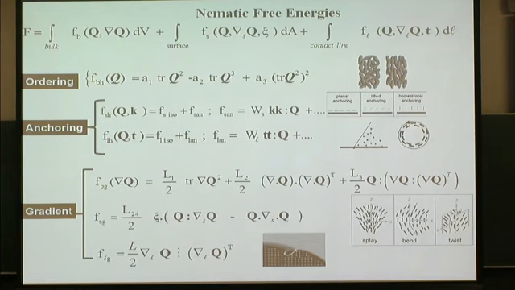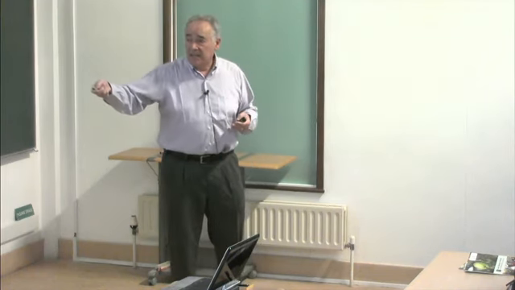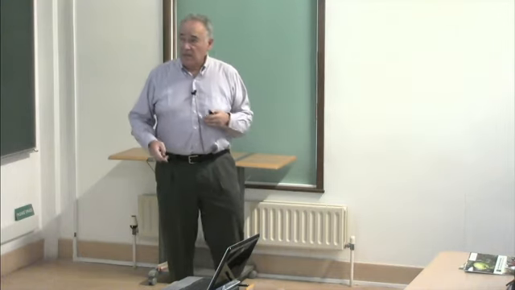And we have gradient elasticity, which forms the basis of liquid crystal science, Frank elasticity. We have three modes: splay, bend, and twist. These are just gradients of the Q tensor. Likewise, we have gradients of the Q tensor at the surface, as indicated here. For example, this is a biaxial interface joining a uniaxial interface, and at this point you nucleate a topological defect.